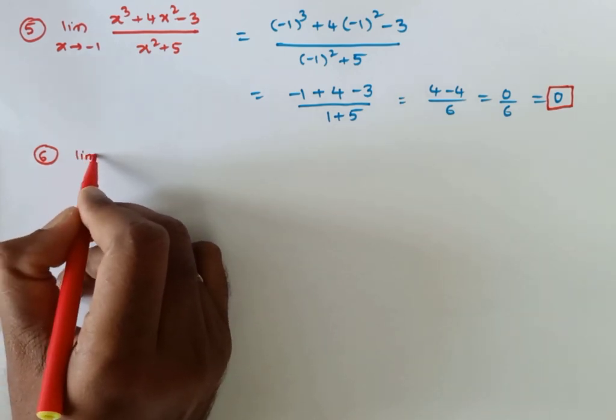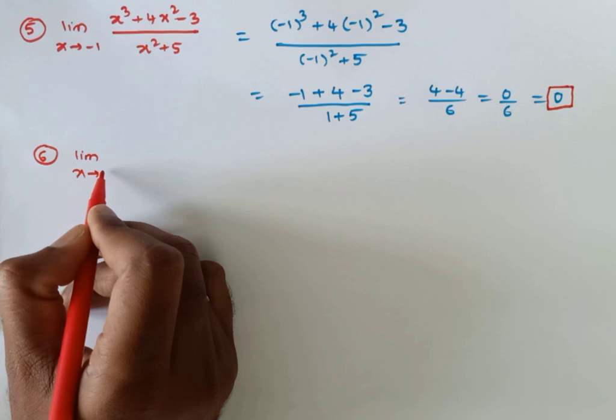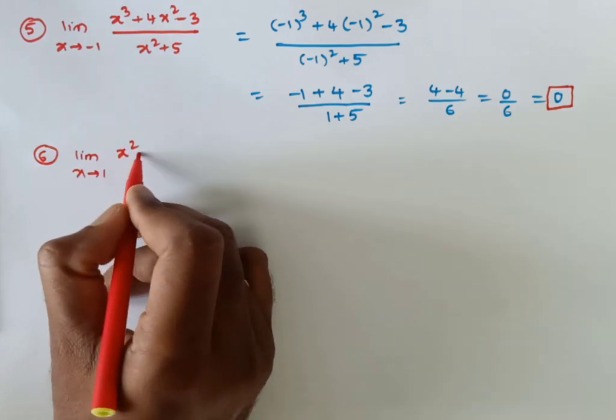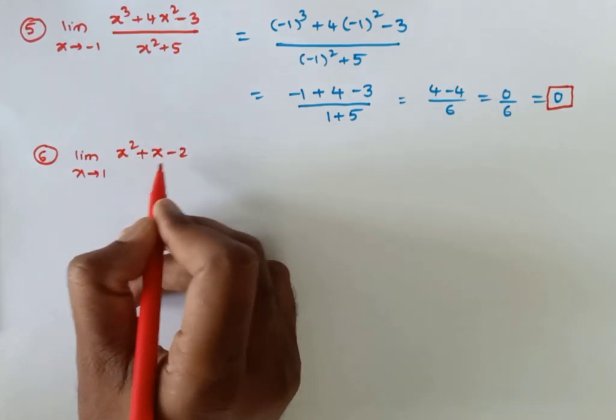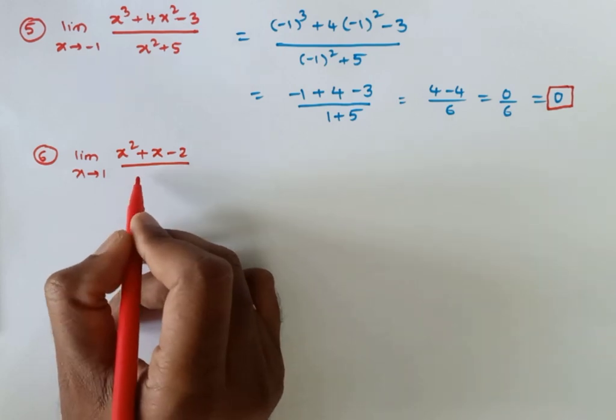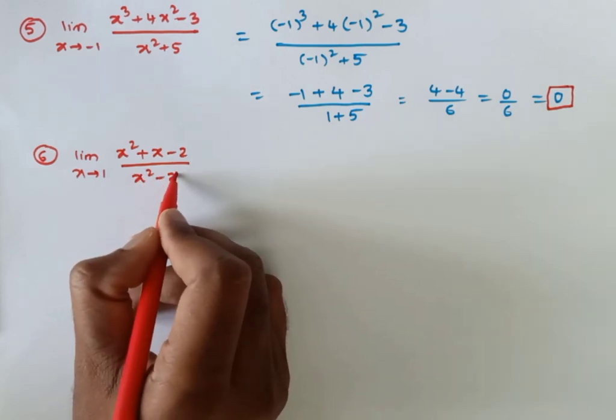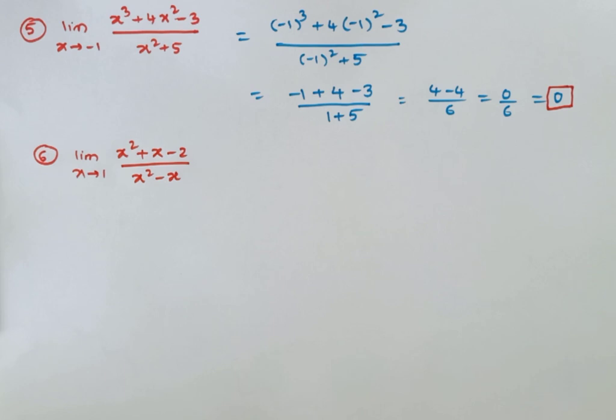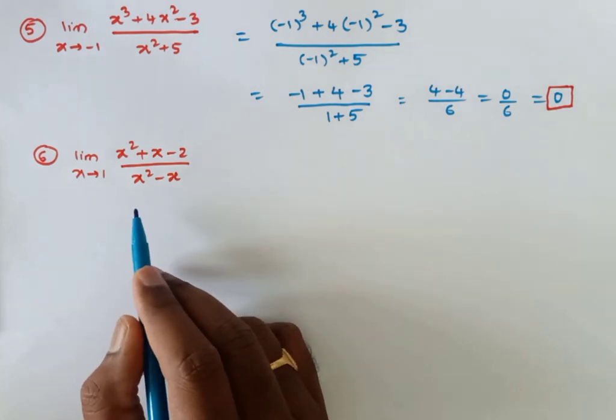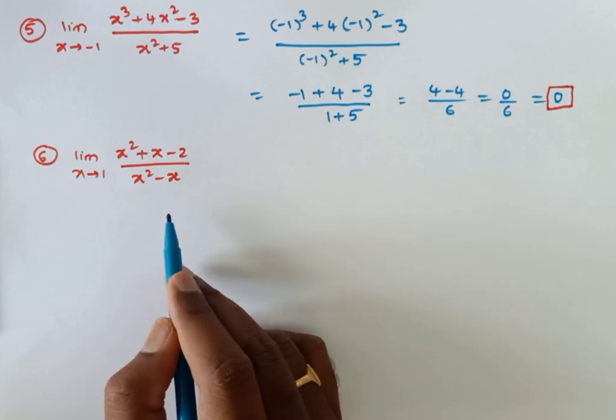Now limit x tends to 1, x square plus x minus 2 divided by x square minus x. You need to check whether the denominator is 0 or not. At x equals 1, it is 0, so we cannot substitute x equals 1 directly, because it makes the denominator 0.